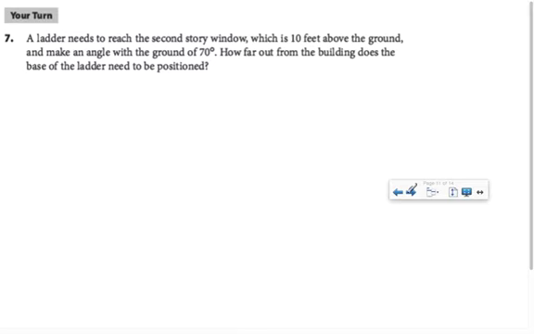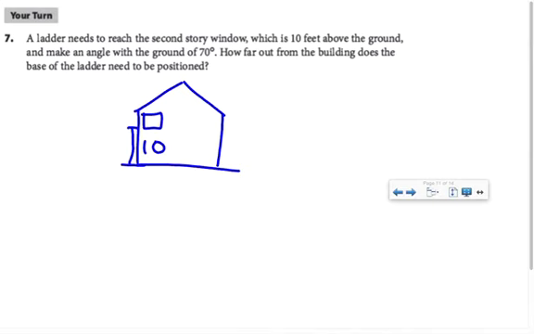I need a ladder to reach the second-story window, and that second-story window is 10 feet above the ground. So here's a house, here's the window, and it is 10 feet above the ground.